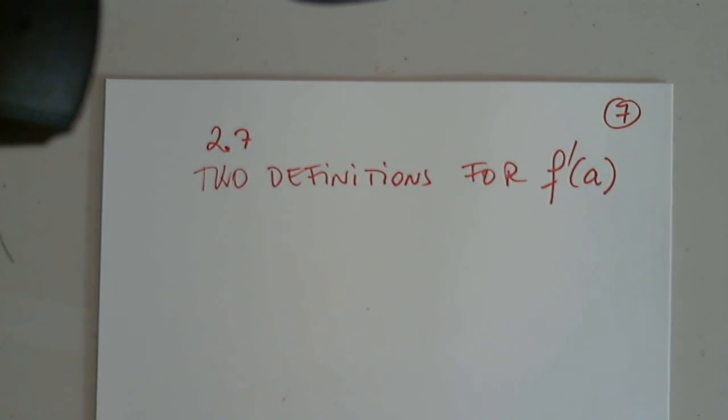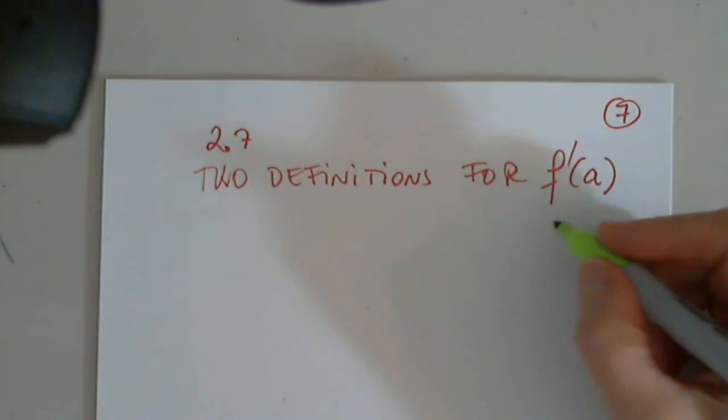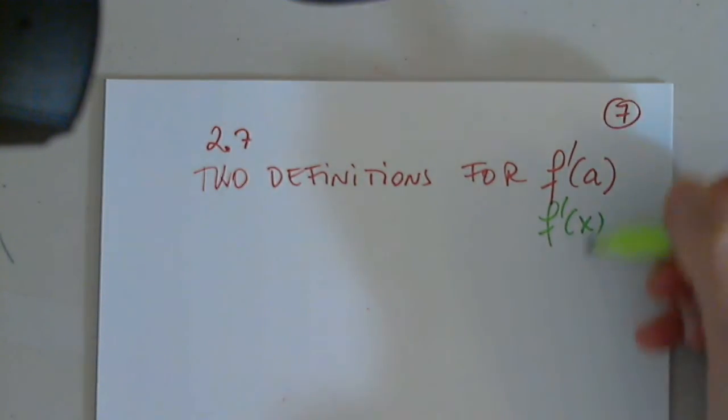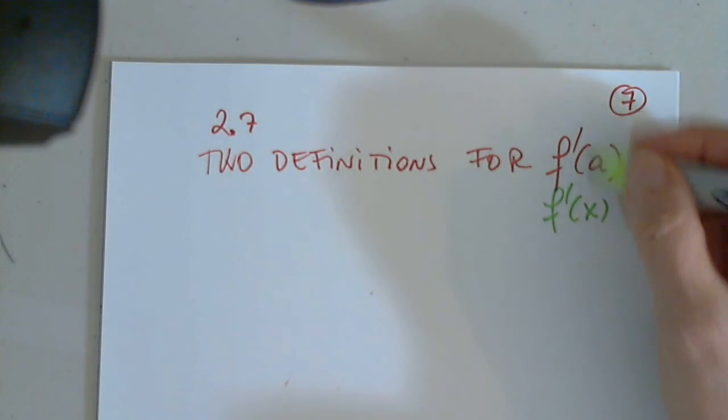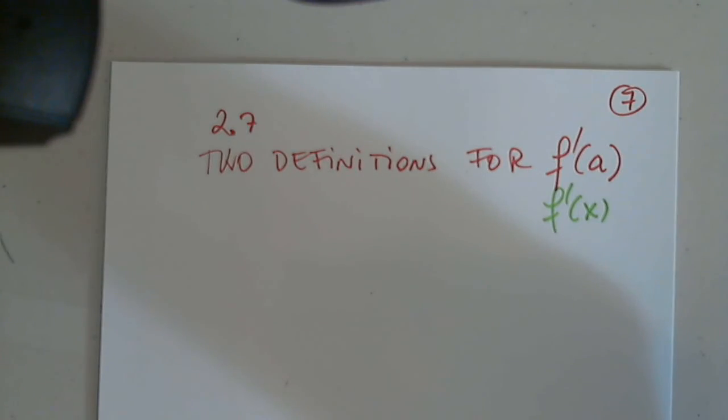Even if you don't know anything about calculus, we should be able to say what f prime of a represents versus f prime of x. What's the difference? The derivative of f of a. Yeah, so what is the difference between these two? That would be the instantaneous rate at a. So this is the function value at a.